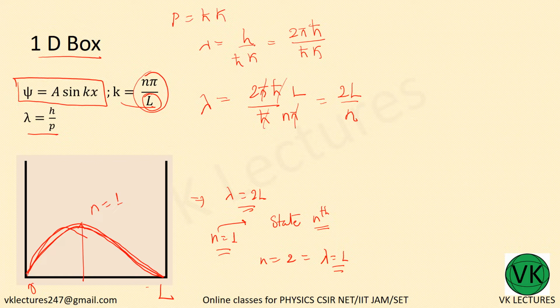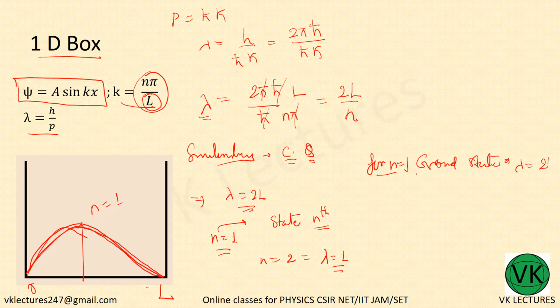So what we have proved is lambda is equal to 2L by n, which means we are finding similarities between classical and quantum. So for n equal to 1, that is the ground state of a 1D box, lambda is equal to 2L.